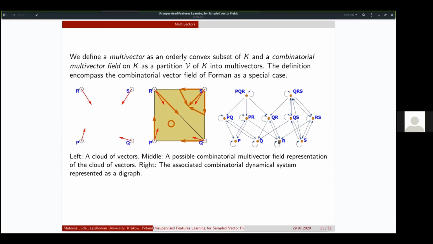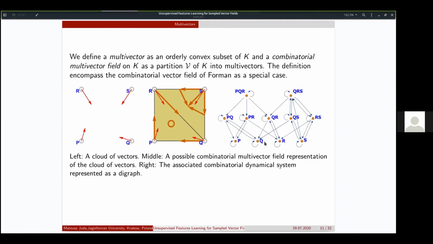So if you know Forman's theory of discrete vector fields, then you may notice that the vectors from Forman theory are the arrows from R to QR, from P to PR, or from Q to PQ. Those are just the arrows from Forman's theory.